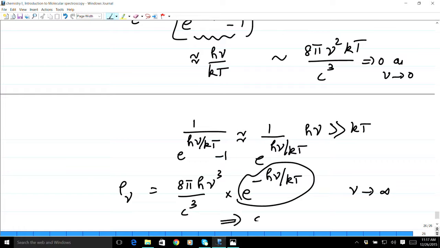Therefore, rho nu also goes to 0 as nu goes to infinity.